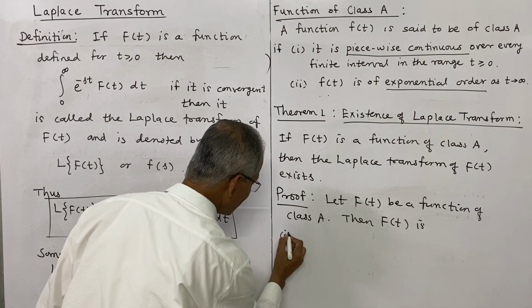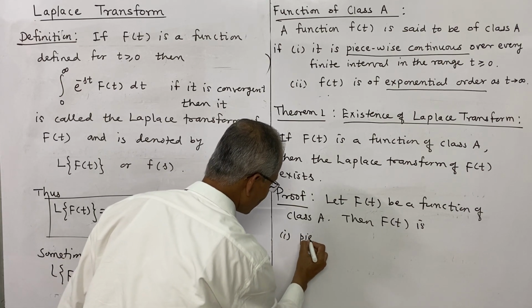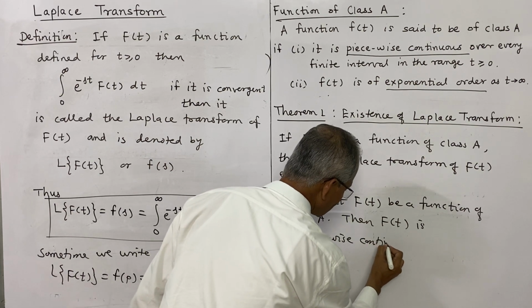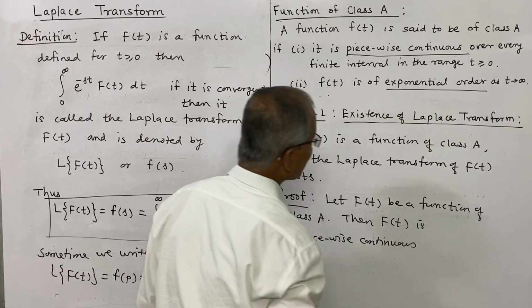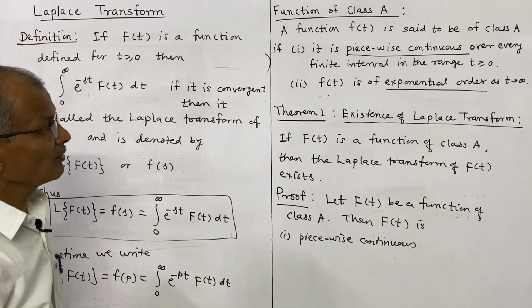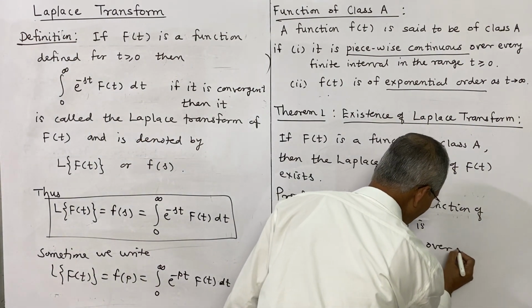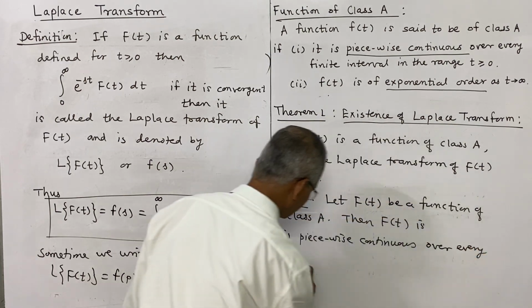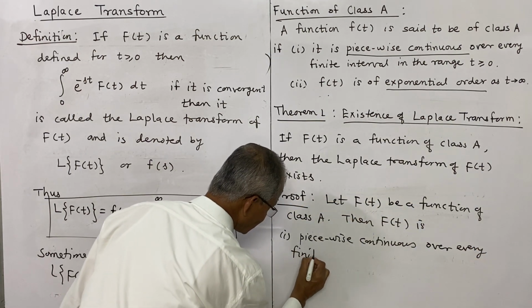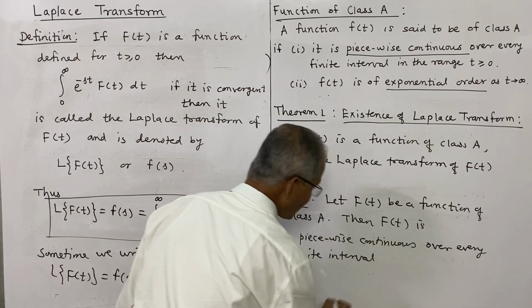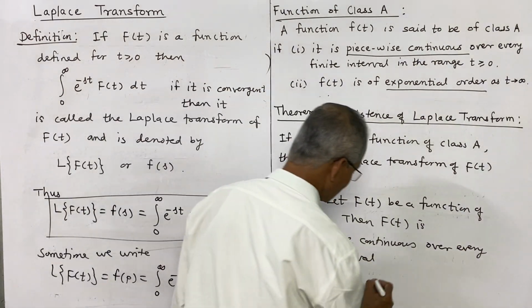First, f of t is piecewise continuous or sectionally continuous over every finite interval, for t greater than or equal to 0.